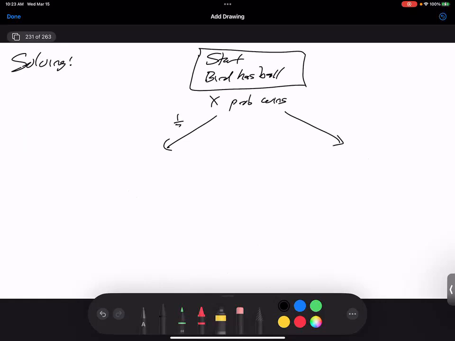What's the probability Bird makes? P. And what's the probability Bird misses? So 1 minus P.